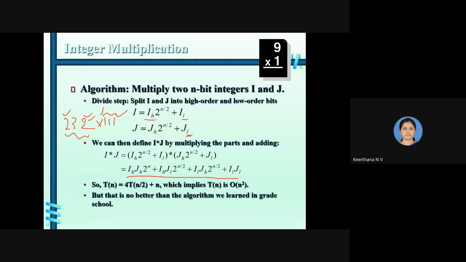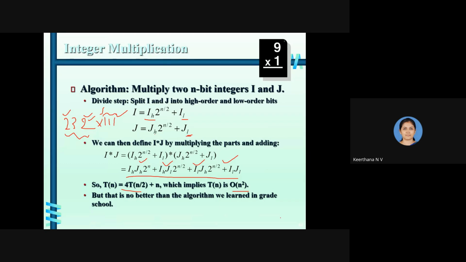So the time complexity is represented as 4 into, which means I will be having the four final parameters. After combining the four final parameters, you will have the resultant time complexity value, which is implied as order of n squared.